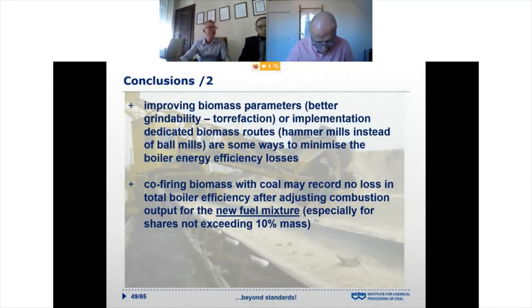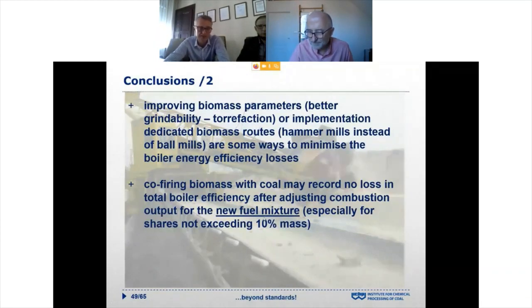So you have not prepared installations. Your mills behave in the same way as they behaved with coal milling. Your transportation systems behave the same way. Your boiler responds the same way. So it can behave very strangely and the efficiency may go down very strongly.